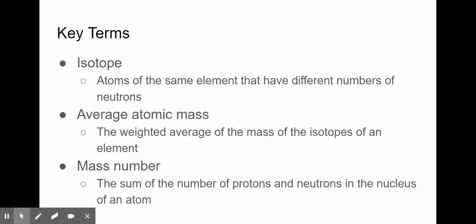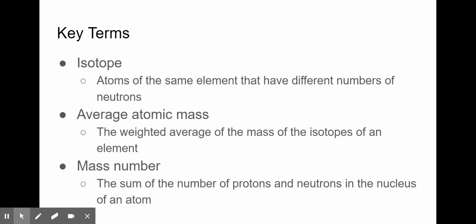Okay, so some key terms that we have here. We have isotope, so atoms of the same element that have different numbers of neutrons. The number of protons is still going to stay the same, but we're going to have different numbers of neutrons. Okay. The average atomic mass, that's that weighted average of all of the decimal numbers.